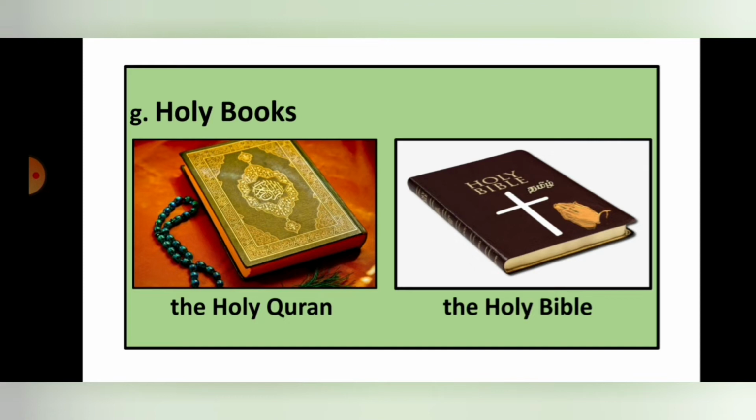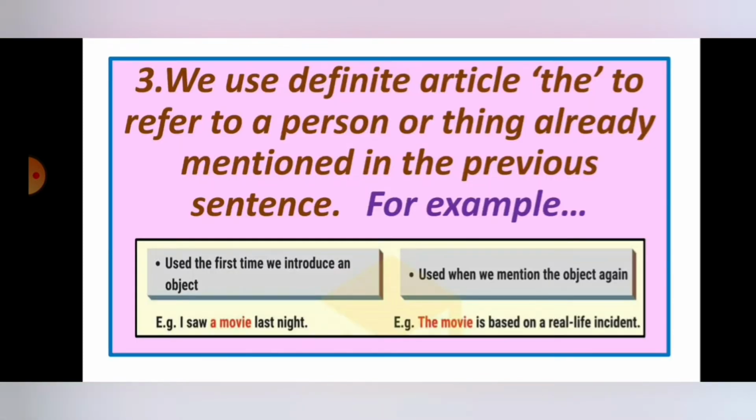So before Quran we have to use the. So the Holy Quran, and another one is the Bible, which is for Christian people, and before this book name also we have to use the. So here is written the Holy Bible. So that was all about our rule number or uses number 2.